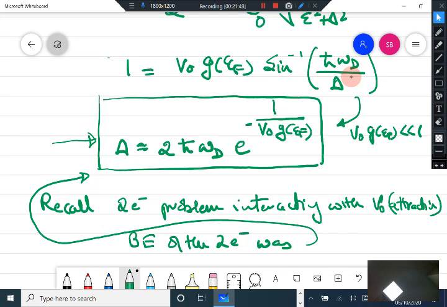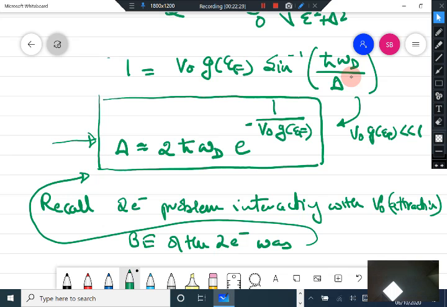So we have obtained the energy scale delta, which is the binding energy associated with this Cooper pair, and we have recovered that expression for this multi-particle system. For the multi-electron system, we have obtained the value of delta, which is twice h cross omega d e raised to minus 1 by V naught g of EF, where V naught is the attractive interaction potential and g of EF is the density of states at the Fermi energy. So we get the energy scale delta.